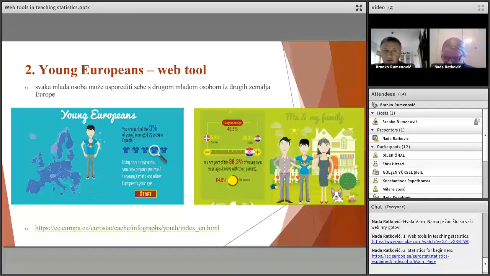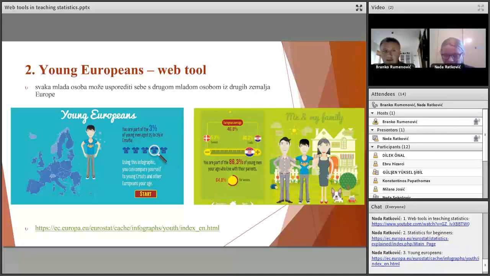The second web tool is very good for motivation at the beginning of classes. In this tool, every young person can compare themselves with another person from a European country. It is for young people between 16 and 29 years.